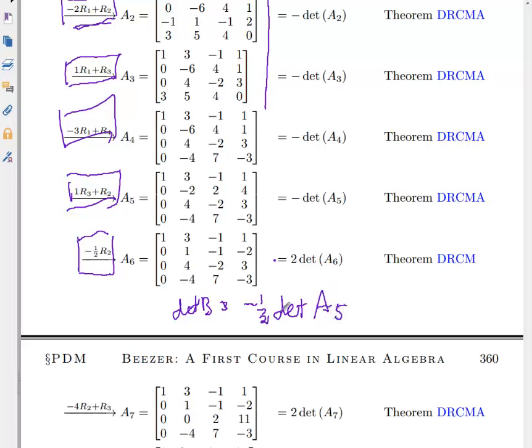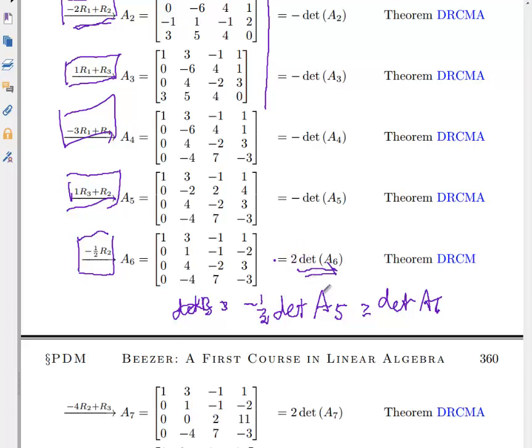Okay? So I should say determinant of A6 is equal to minus 1/2 times the determinant of A5. Now remember, minus determinant of A5 is the original determinant. So in order to get the determinant of the original matrix, I would have to multiply the determinant of this matrix by 2.